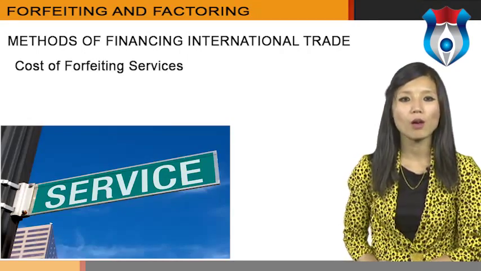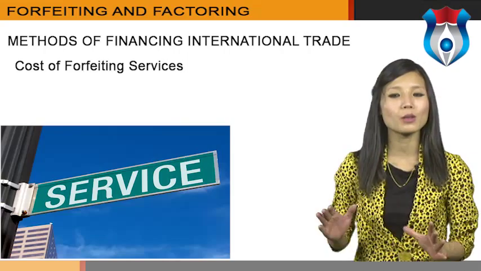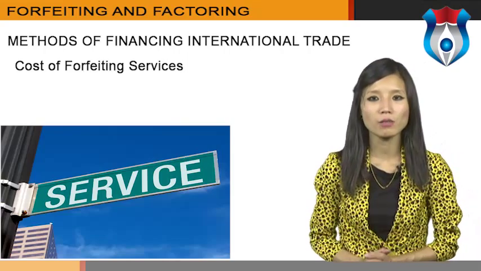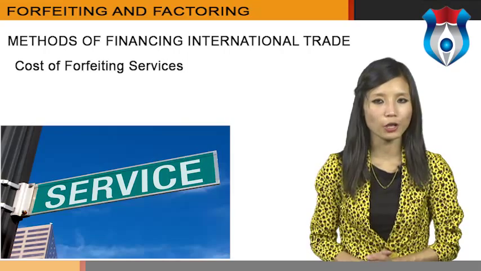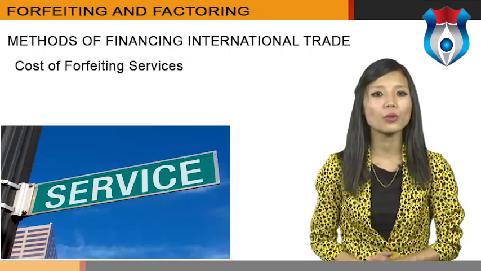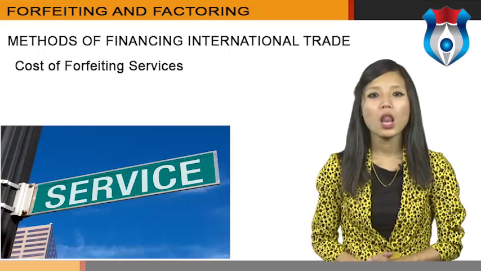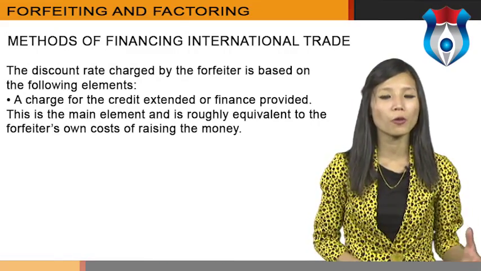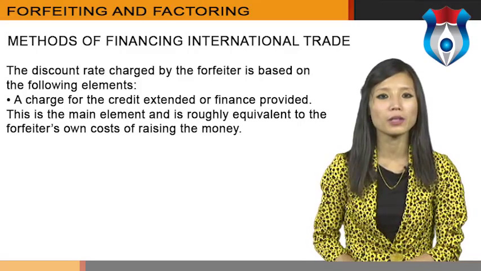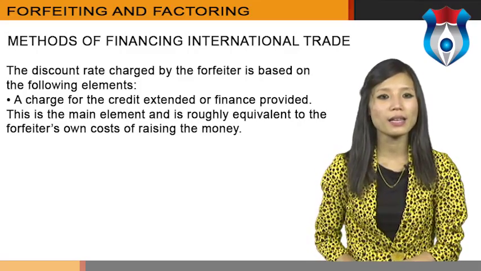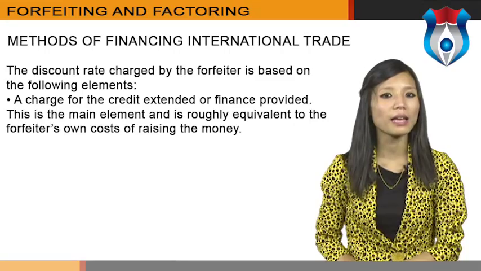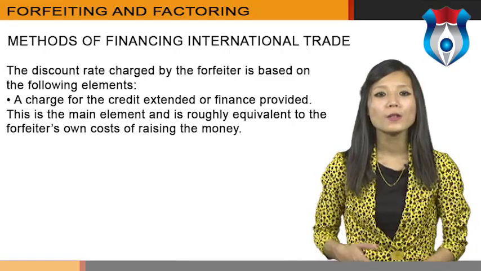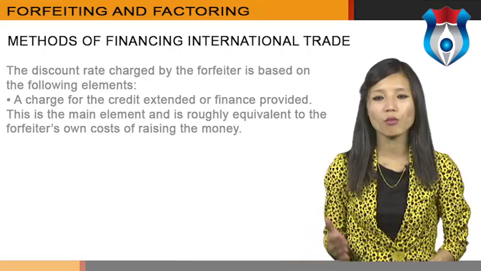Cost of forfeiting services. A forfeiting service is subjected to various costs such as commitment fee, discount rate and documentation fee. Of these, discount rate, which is fixed, forms a larger portion of cost of forfeiting service. The discount rate charged by the forfeiter is based on the following elements. A charge for the credit extended or finance provided. This is the main element and is roughly equivalent to the forfeiter's own cost of raising the money.